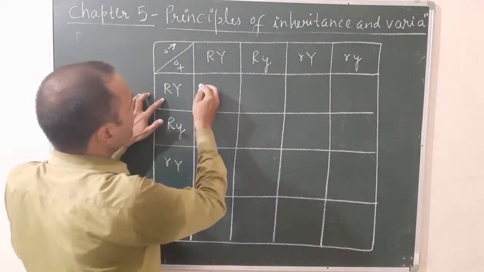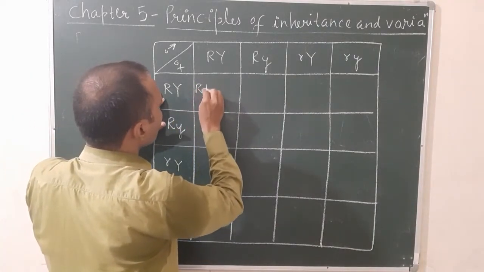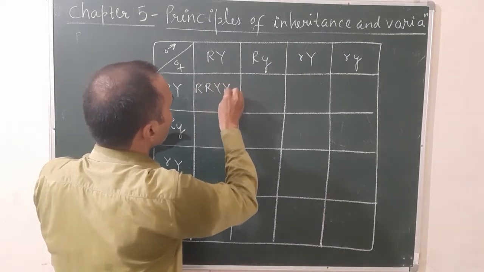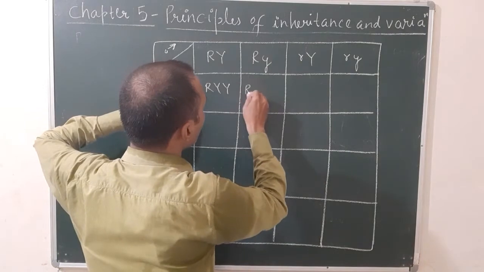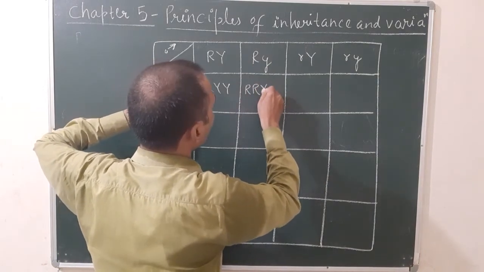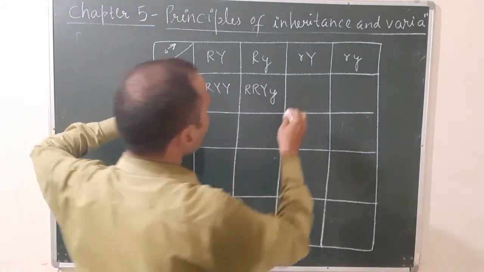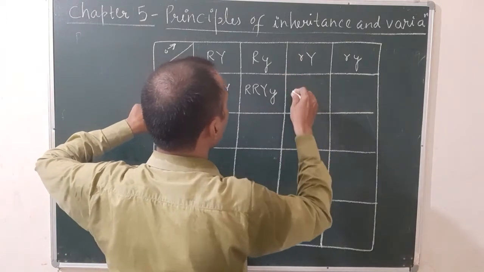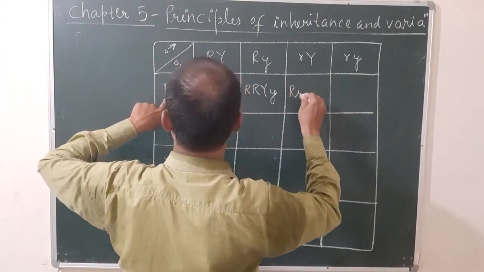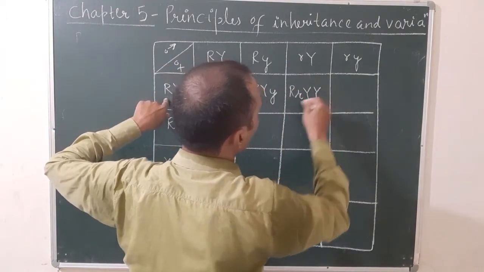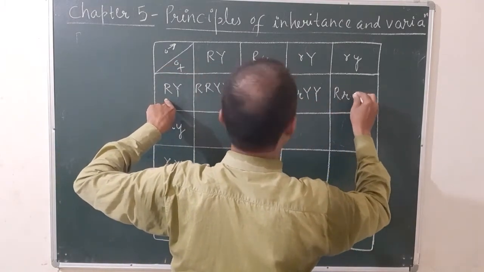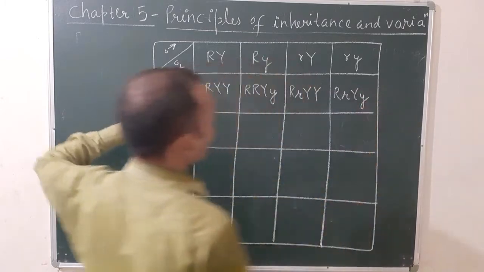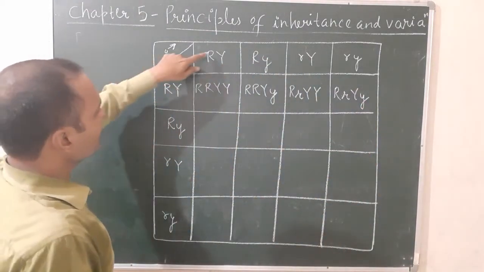The first possibility will be capital R capital R, capital Y capital Y. Second, capital R capital R, capital Y small y. Third, capital R small r, capital Y capital Y. And last, capital R small r, capital Y small y. First combination over, come to the next.